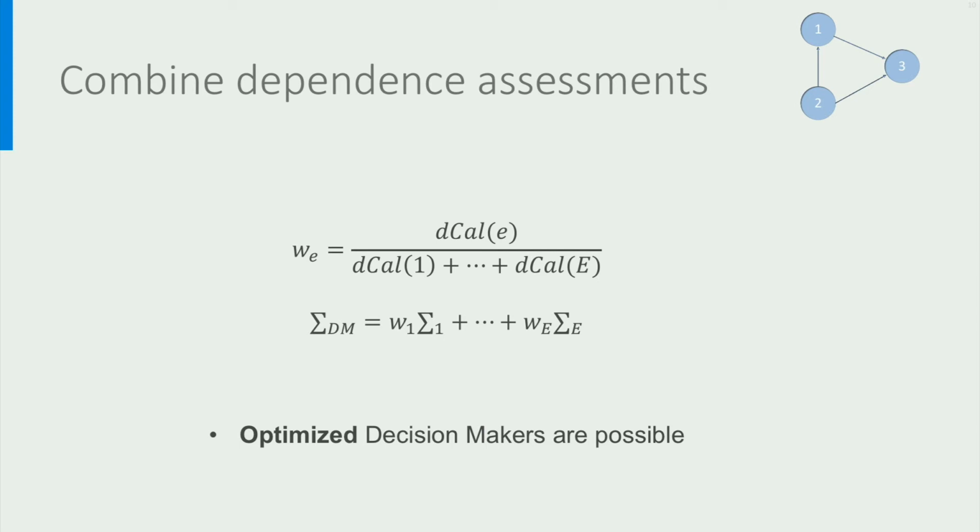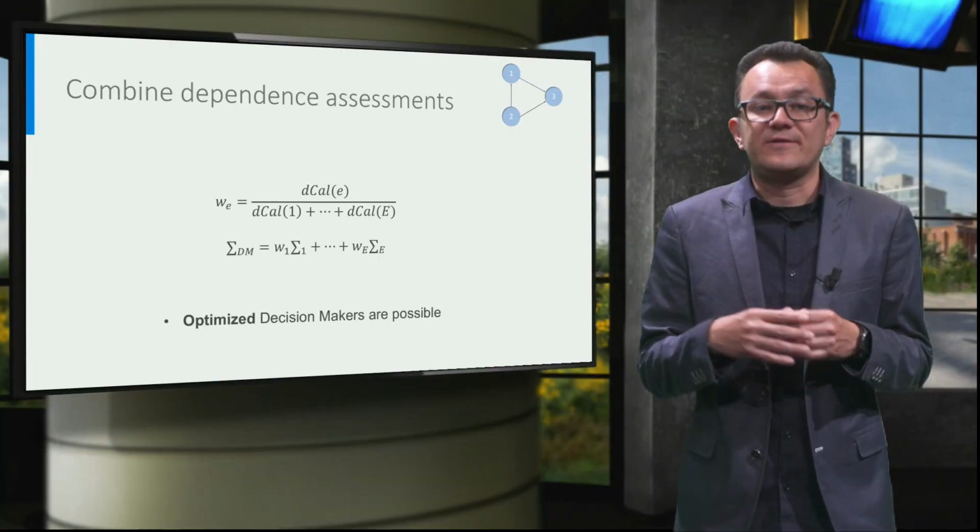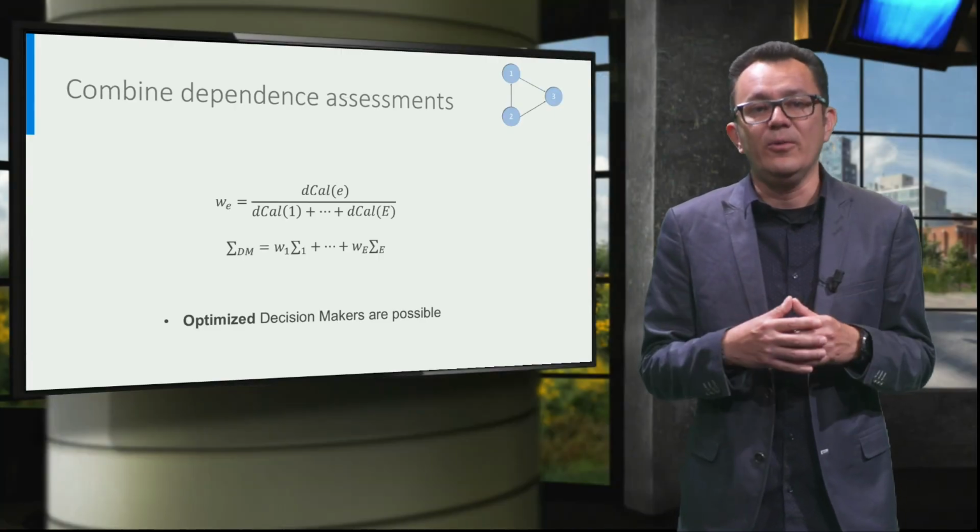That is, we define the normalized weights of each expert as the calibration score for that expert divided by the sum of the calibration scores of all experts. Other concepts of common use, such as optimized decision makers, are also applicable for the dependence calibration score sketched in this video.